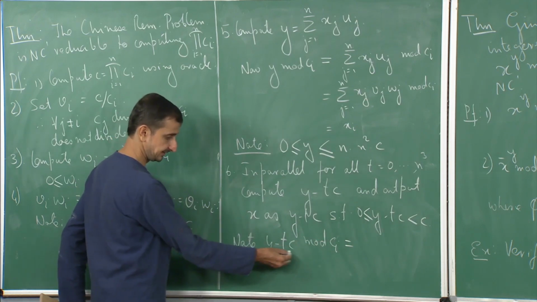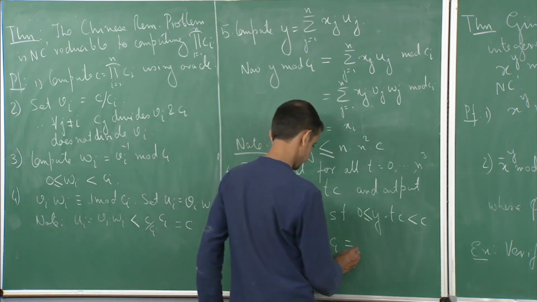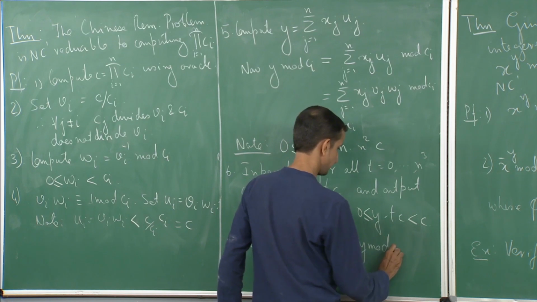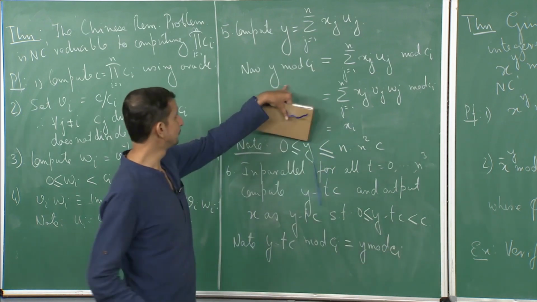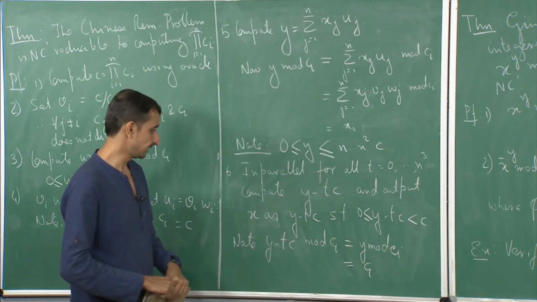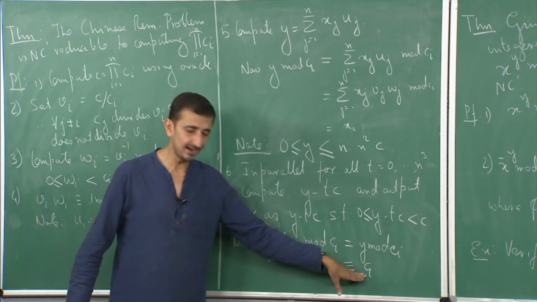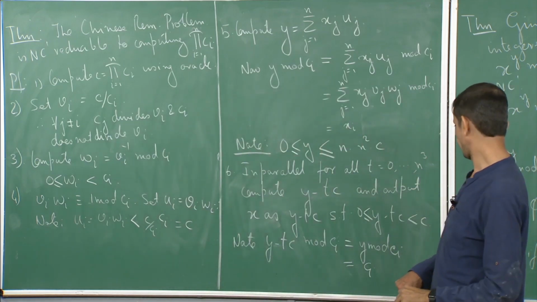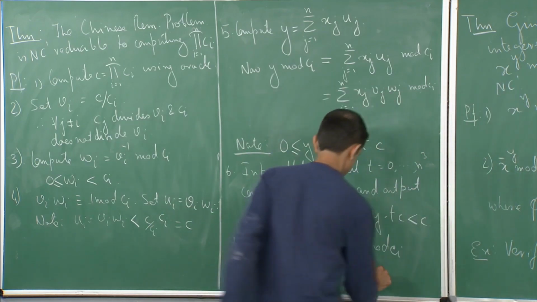So doing modulo Ci, this disappears. So this is just congruent, in fact equal to y mod Ci, and here I have proven that y mod Ci is equal to xi. Okay. So the number x that I am outputting at the end has this desired property. Sorry, not Ci, xi.